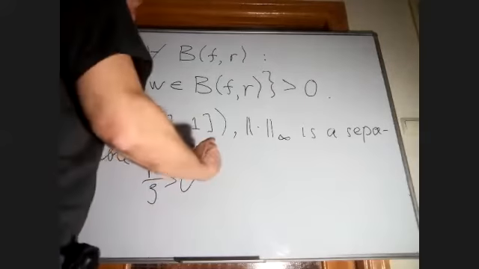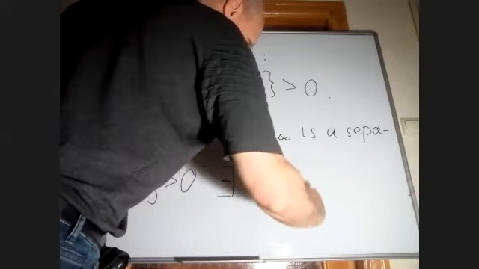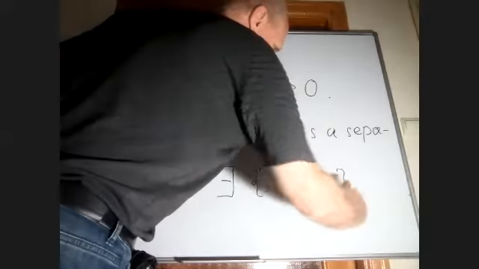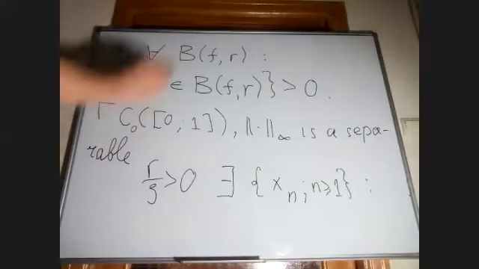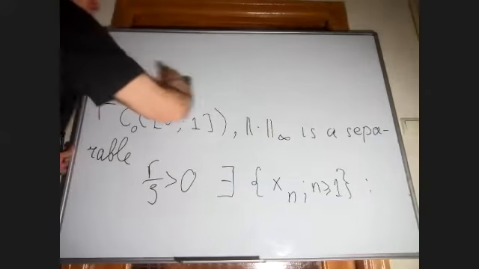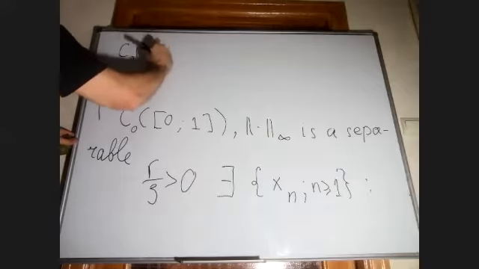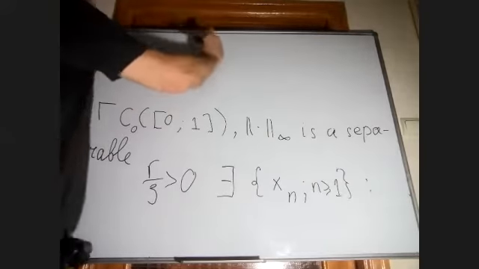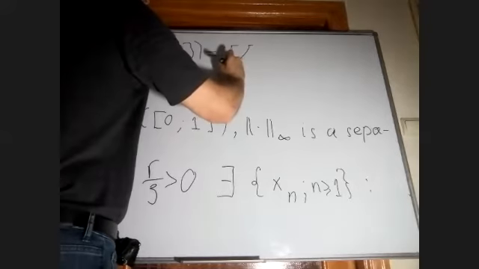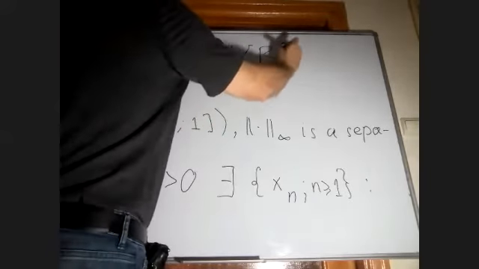Then there exists a countable family, let me denote it by x_n, such that our space C_0[0, 1] is represented as a union of the balls B(x_n, r/3).